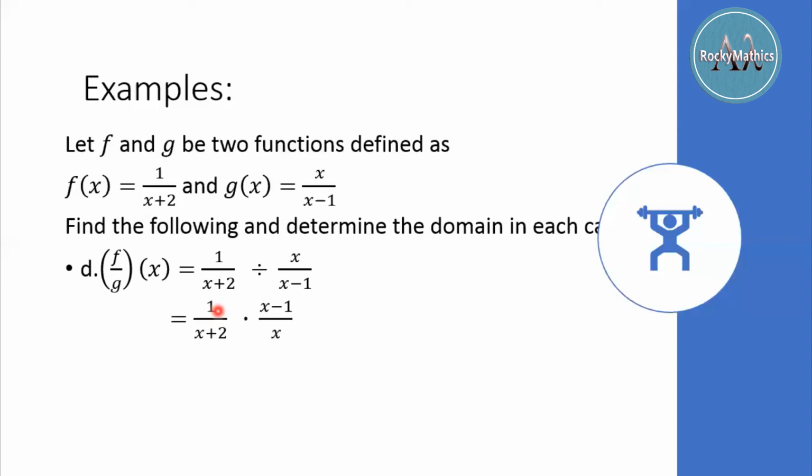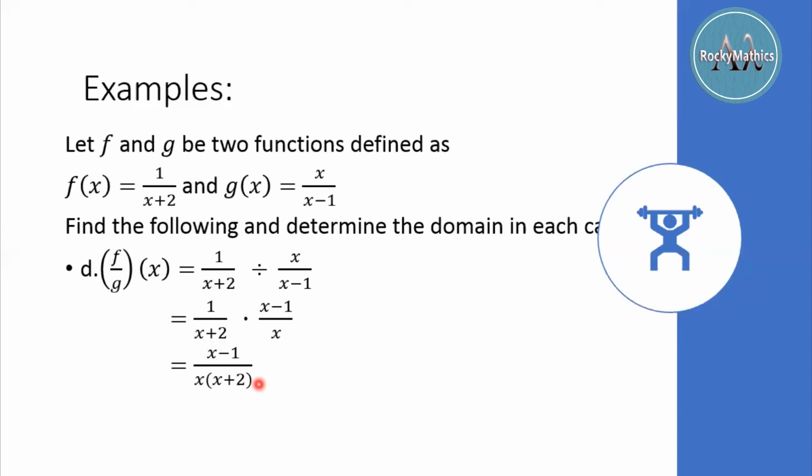So we use multiplication, the operation, and we use the reciprocal of the divisor. So this becomes 1 over x plus 2 times the reciprocal of this, which is x minus 1 over x. Then we multiply, and that is equal to quantity x minus 1 over x times quantity x plus 2.